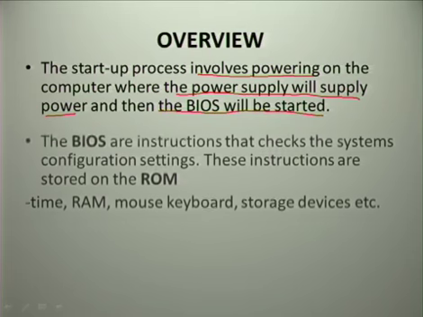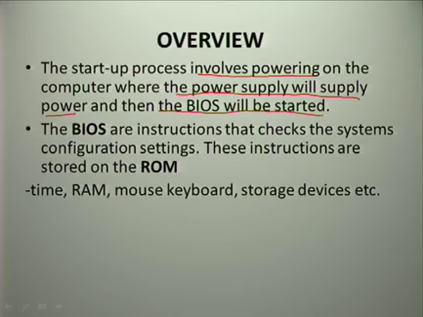Once the BIOS is started, the BIOS is actually the instructions that check the system configuration settings, and then it would send these instructions in terms of checking whether the time is correct, the RAM is available, mouse and keyboard, storage devices, etc. Now these instructions are actually stored on the RAM.